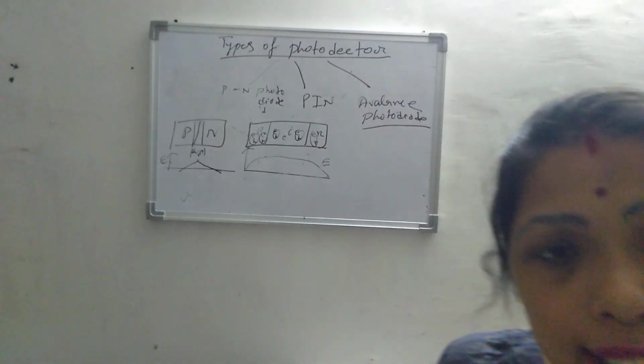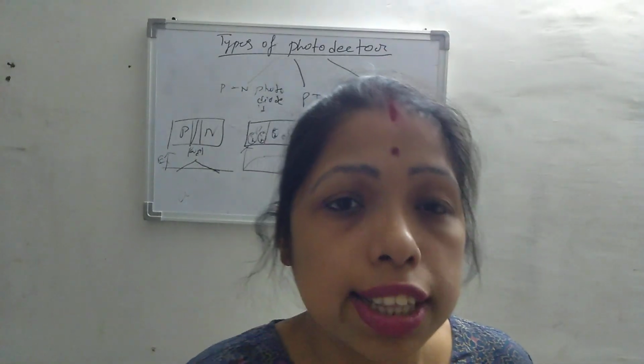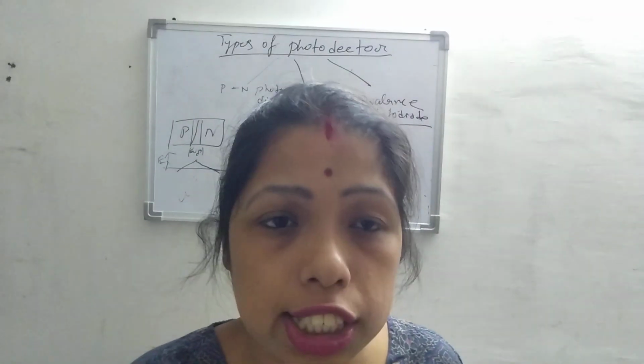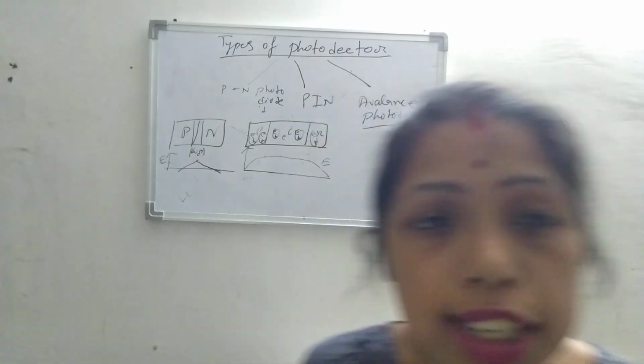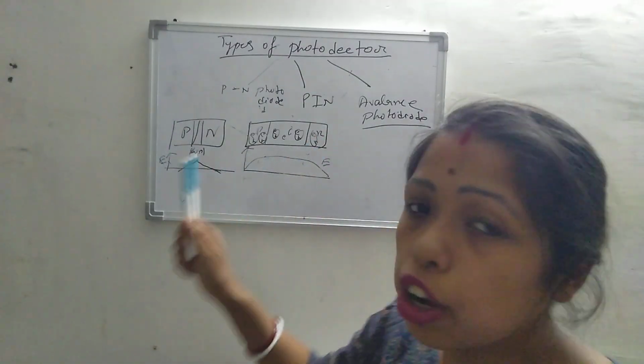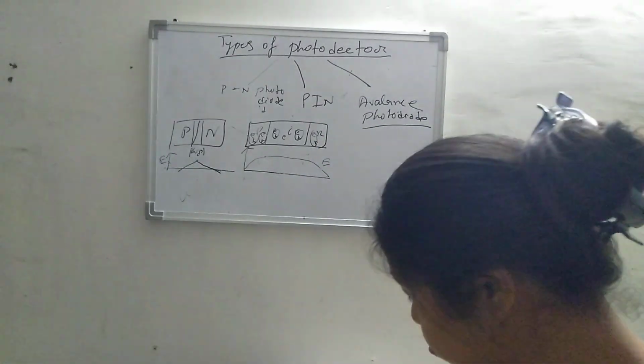So if all the electron hole pairs are dissociated, then you will get the maximum efficiency and maximum performance. That is the main difference between the PN photodiode and the PIN photodiode.